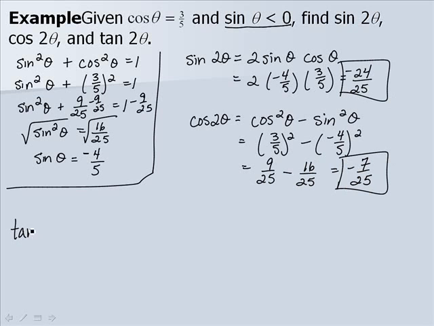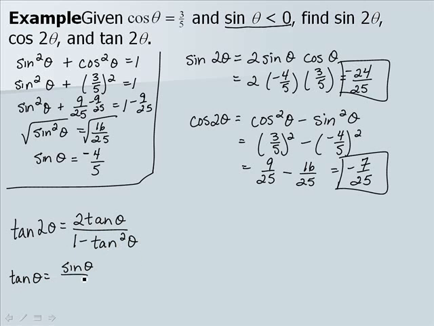Now to find the tangent of 2 theta, we can use the identity that we were given, which is 2 tangent of theta over 1 minus the tangent squared of theta. But to use that, we would need to find the tangent of theta using the fact that it's the sine of theta over cosine of theta. There is another possibility.